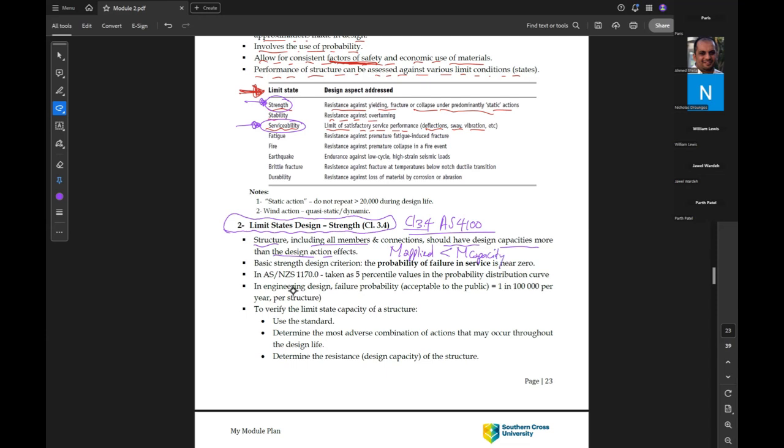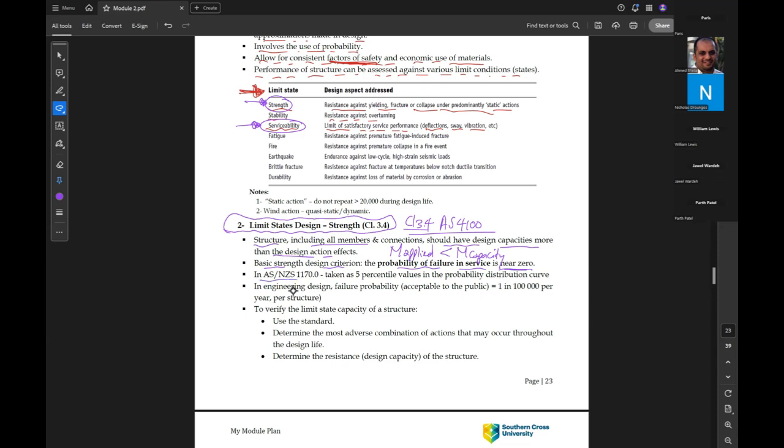This is the main idea of the design: the capacity of the member is more than the applied load. Basic strength design criterion: the probability of failure in service is near zero, so there is no option to fail under the actual applied load.